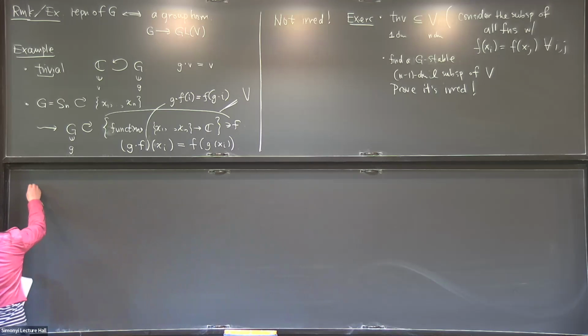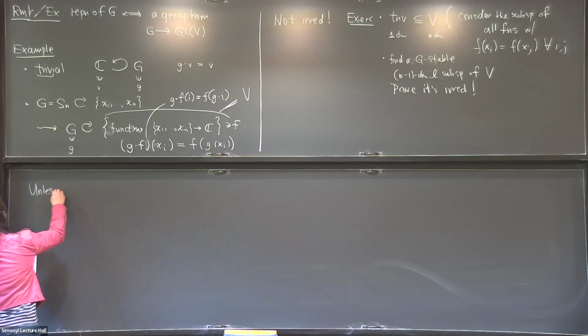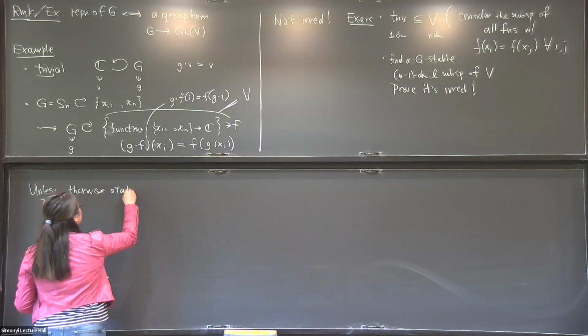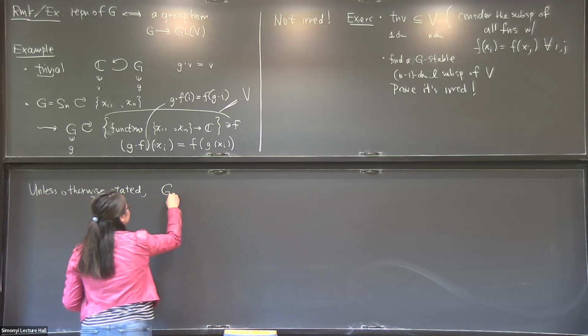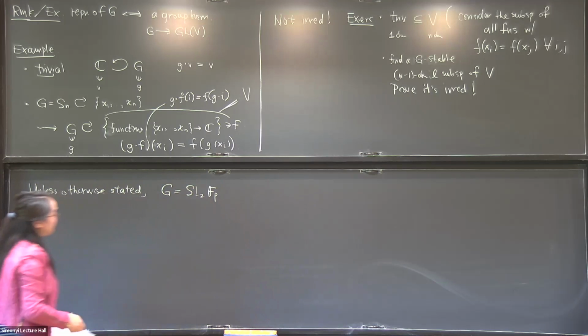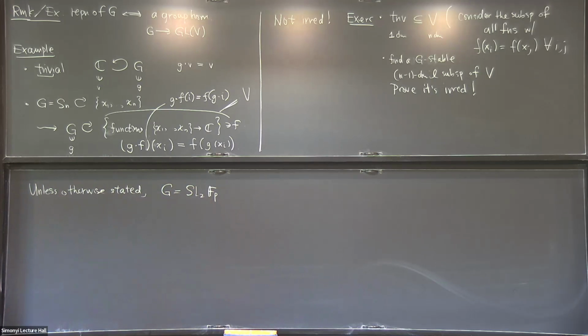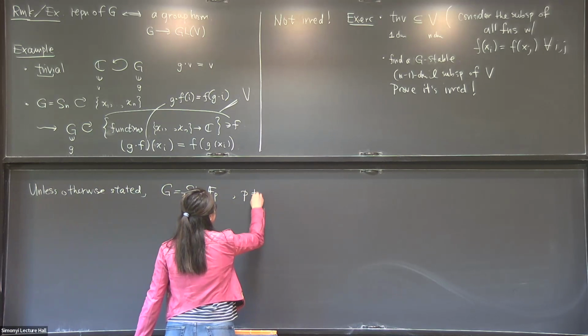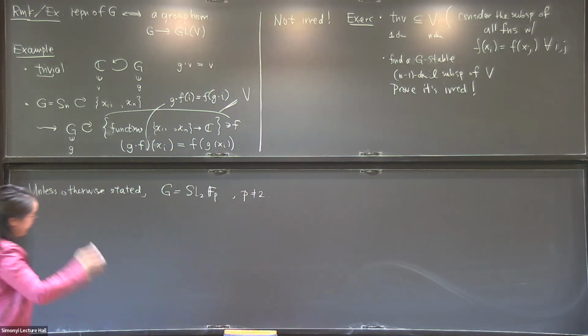Okay, so now, unless otherwise stated, I'm going to take G to be SL2 of Fp. Fp is the finite field of p elements, so p is a prime here, and it's not going to be 2 for us.